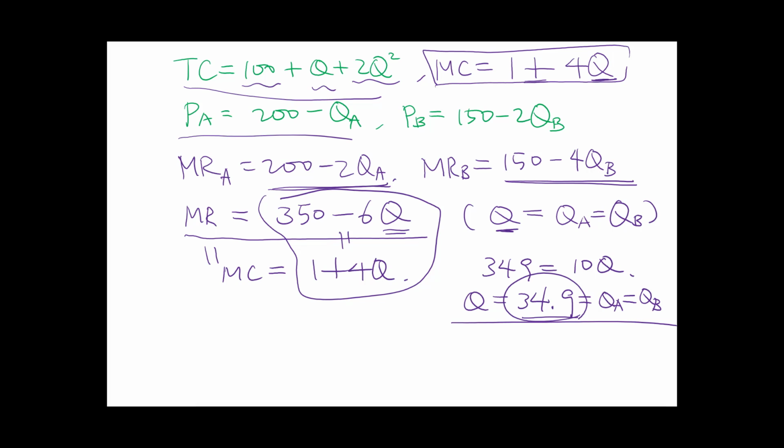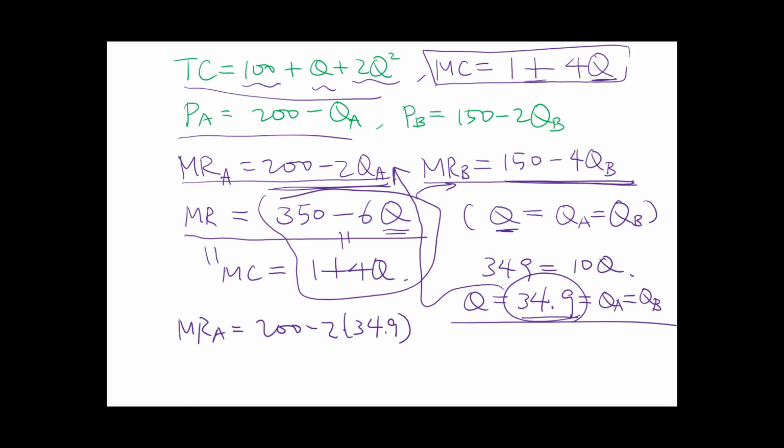So when you plug this number into marginal revenue for product A and marginal revenue for product B, so here MRA, 200 minus 2 times 34.9, this will be greater than 0. And for marginal revenue for product B, 150 minus 4 times 34.9, this is also greater than 0.